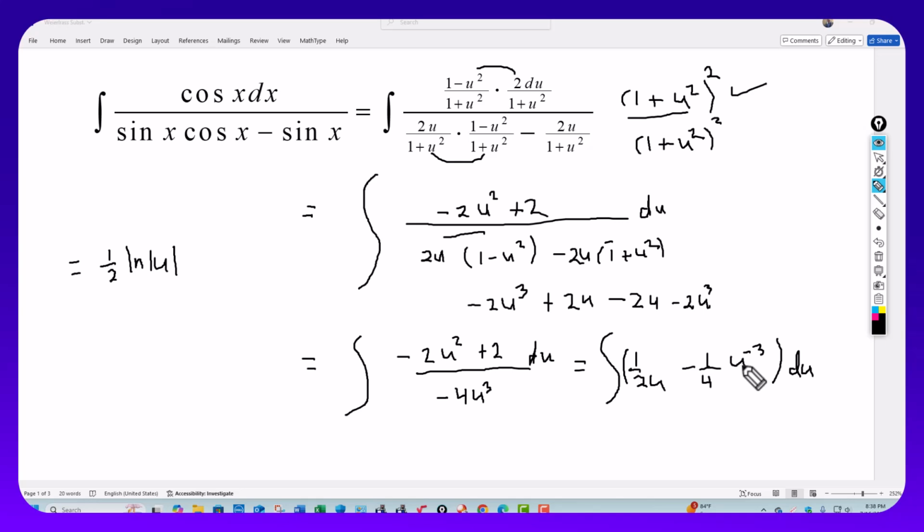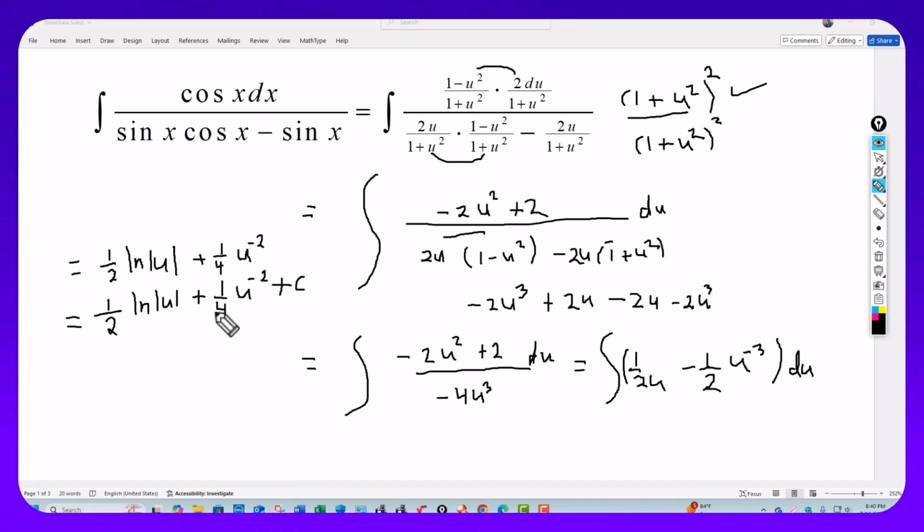And for this one, basic integration, add 1 to the −3, and this one reduced to −1/2 here. Now add 1 to the −3, we get −2. Divide over here, that's the positive 1/4 u to the −2. And then this is equal to 1/2 ln of u plus 1/4 u to the −2 plus the constant of integration.